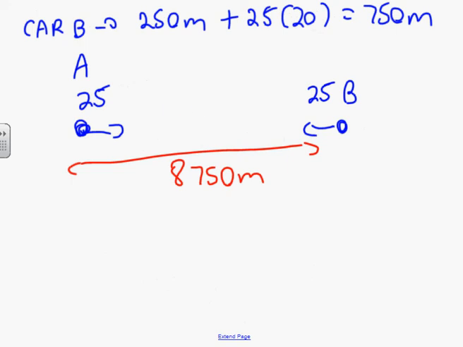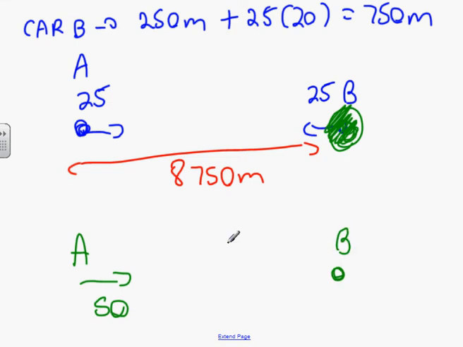If I fix car B in position and pretend that car B isn't even moving, how far is car A going relative to it? If they're both coming towards each other at 25 meters per second, what's an equivalent speed if car B wasn't moving at all? 50.